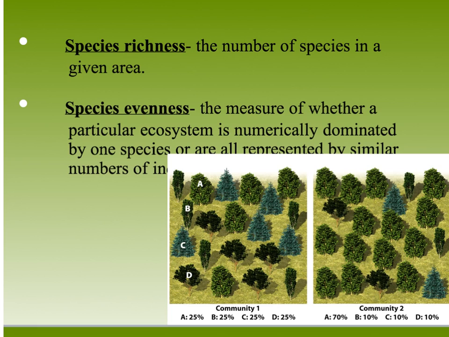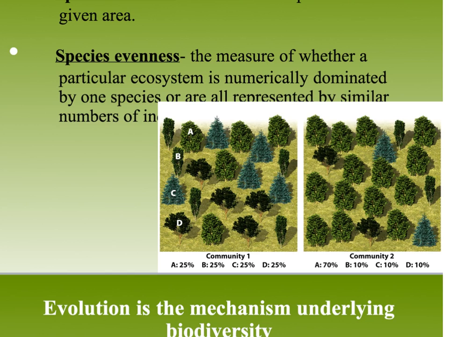We also have species evenness. This is the measure of whether a particular ecosystem is numerically dominated by one species or whether all are represented by a similar number of individuals. Sorry, it's covered up a little bit. But you can see in this diagram that we have two communities of trees, and each community has the same number of species.